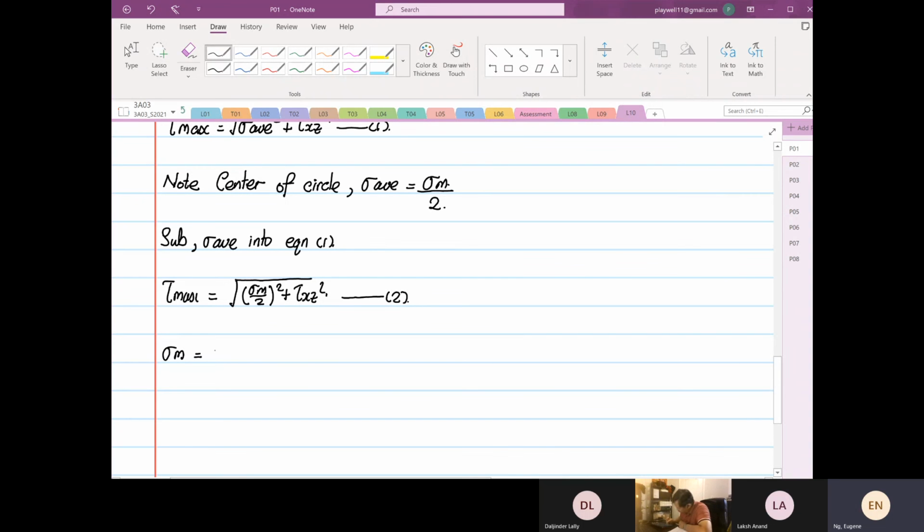The general equation is My over I. And then we have the shear xz equal to Tc over J, where c is the maximum radius of the shaft.